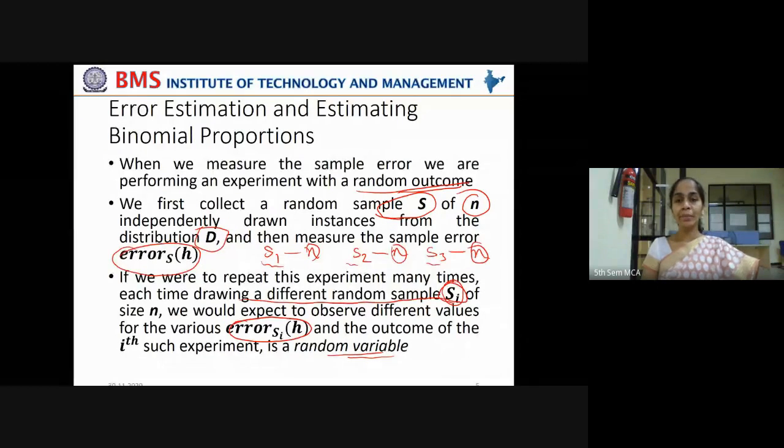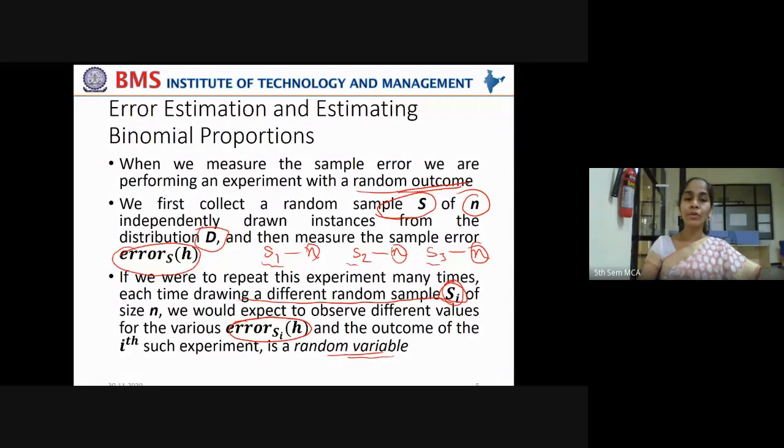Each of these sample errors is denoted by error Si of h. And we can observe that all these samples will have different sample errors. Why? Because they are drawn at random. You're not drawing the instances according to a particular rule. That is why their sample errors may differ.